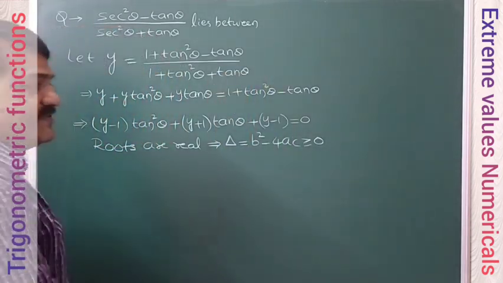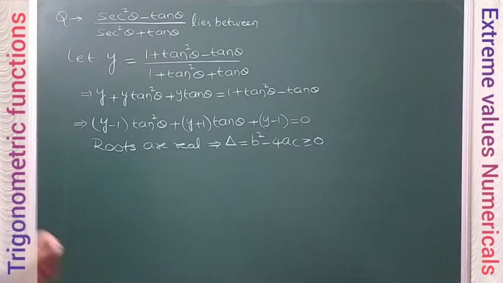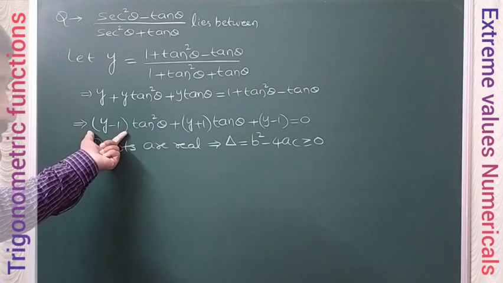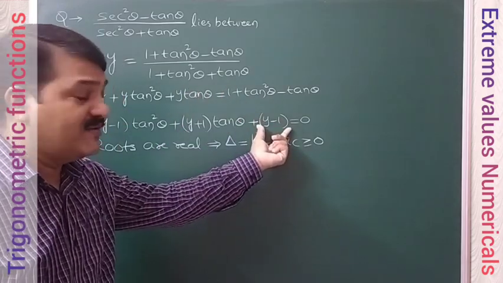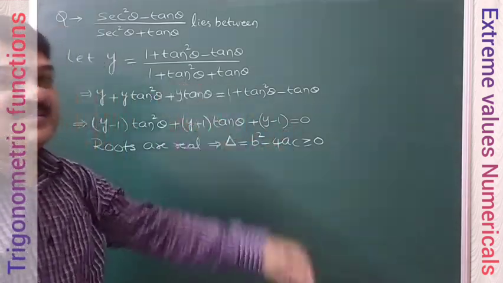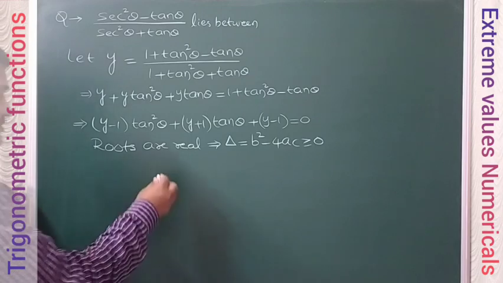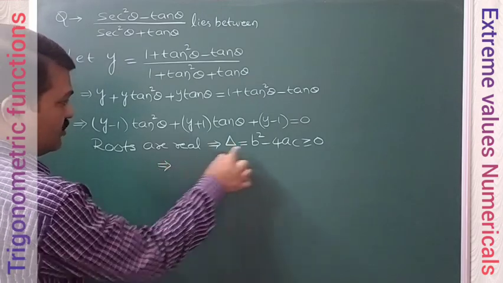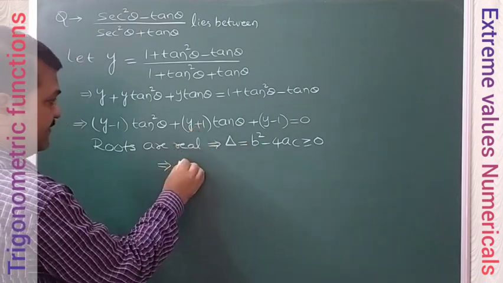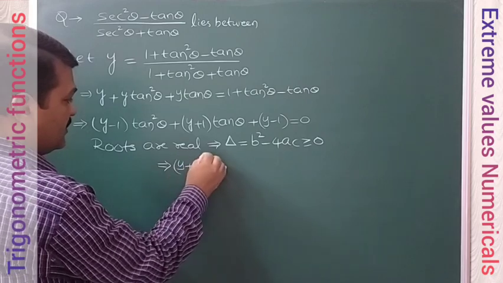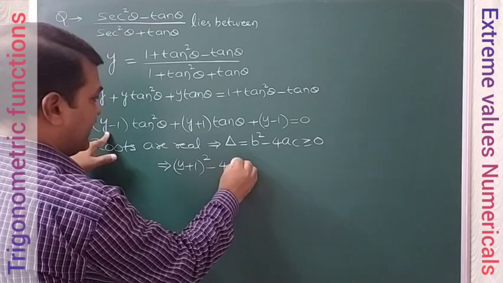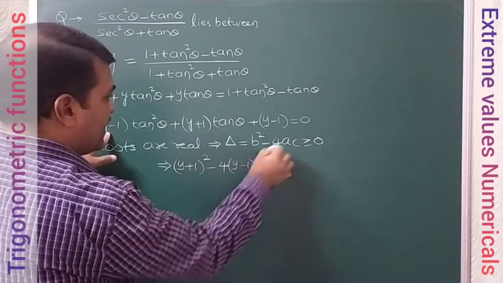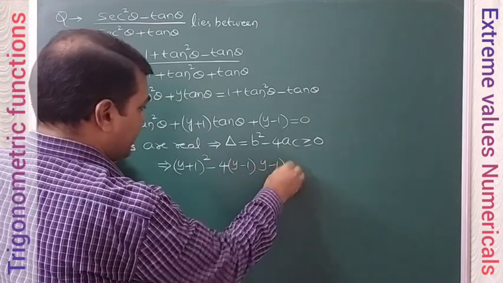B square minus 4AC is greater than or equal to 0. So this is A, this is B, and this is C when we are discussing the discriminant. Okay, so I will substitute now. What is B here? y plus 1, whole square, minus 4 into A, which is y minus 1, and C is also y minus 1.